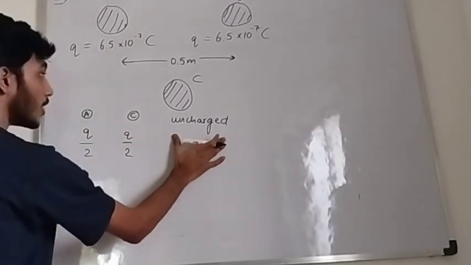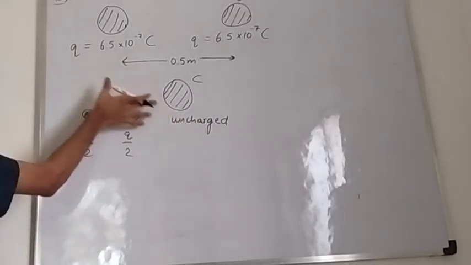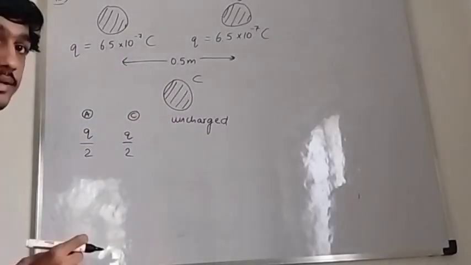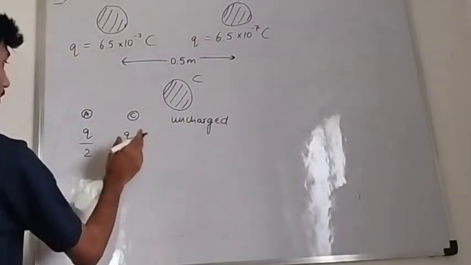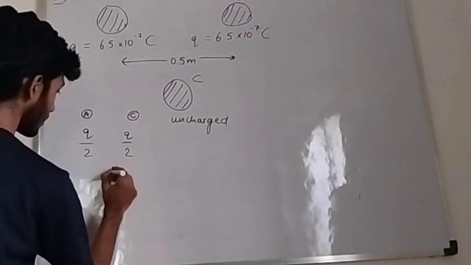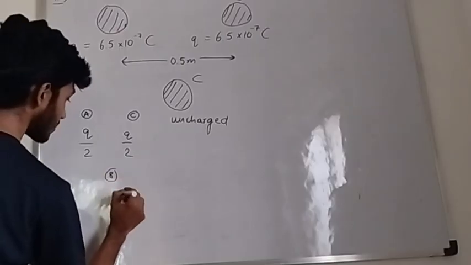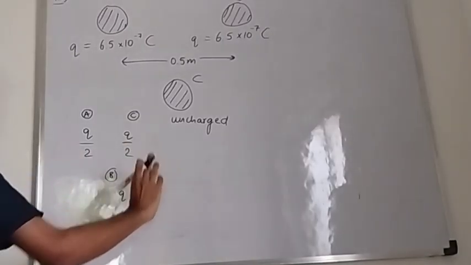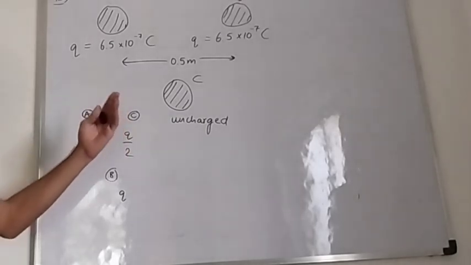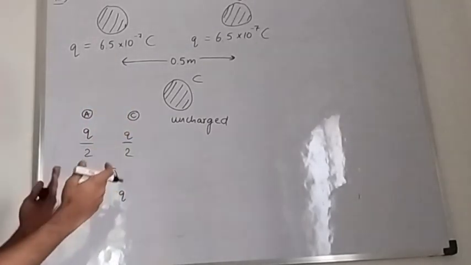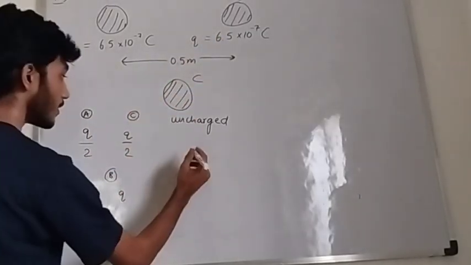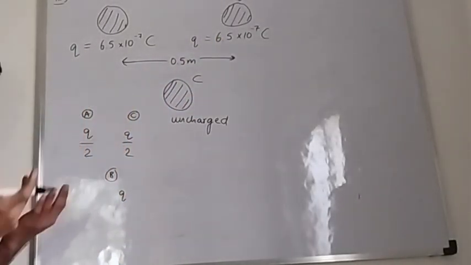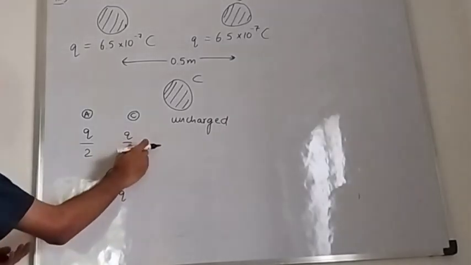Okay, so now from uncharged, this will become charged, and these both will have equal charges. Now it has told us that B and C are touched again. So we'll keep this here, and B and C are touched again. So what will happen is the charge will flow until the charge in both is the same, or you can say the new charge in both will be the average of these two charges.